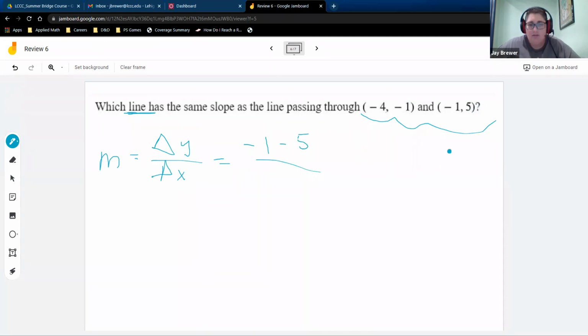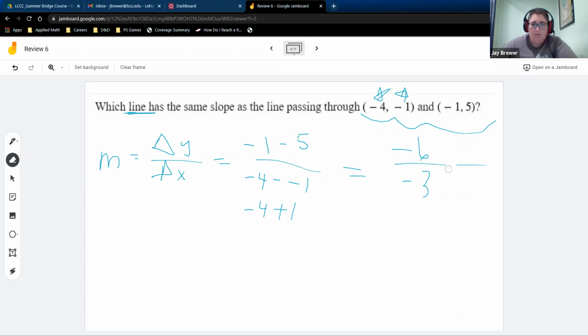And then the sign can change if it's a negative, but for right now we're going to do it like this. -4, because we started with the 1, so you have to start with the 4, minus a -1. So we have -6 on top. -4 plus 1 will give us a -3. Negative and negative will give us a positive. And 6 divided by 3 is 2. So our slope here is 2.